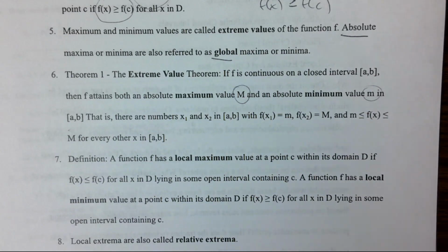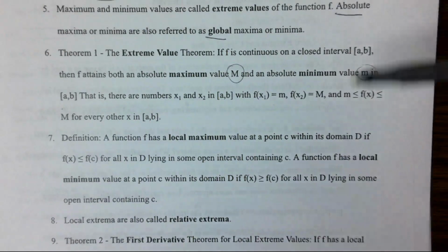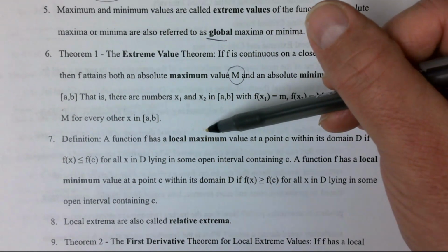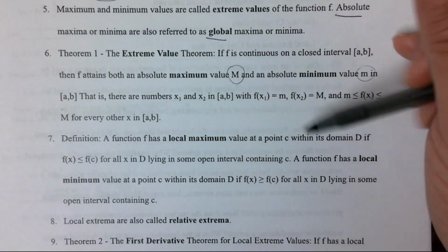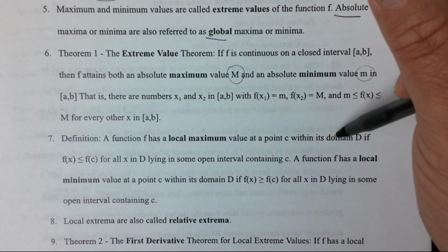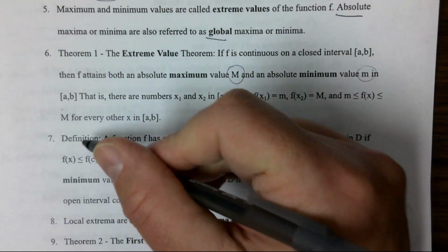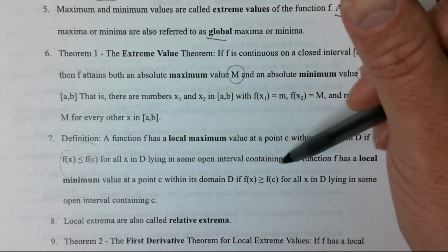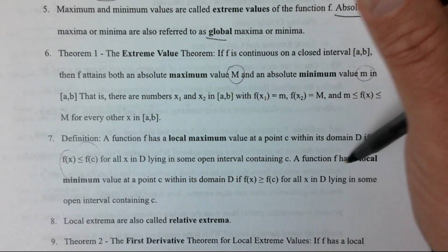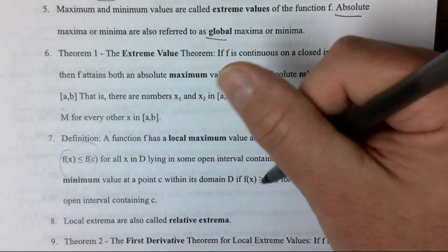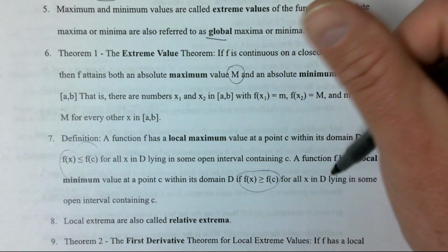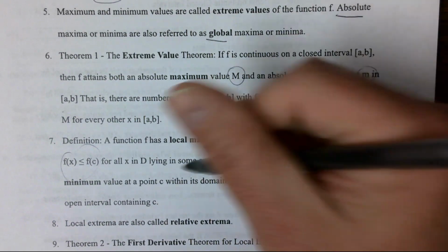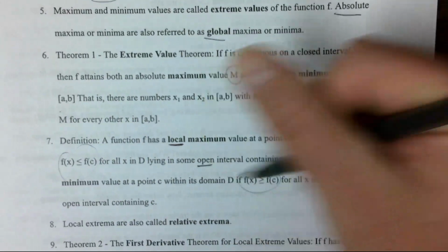Okay? All right, so for number 7, it says your definition: a function f has a local max at a point c within the domain if f of x is less than or equal to f of c in some open interval containing c, and it's a local minimum if it's greater than or equal to in some open interval. So the main idea is it's local, so it has to be open.